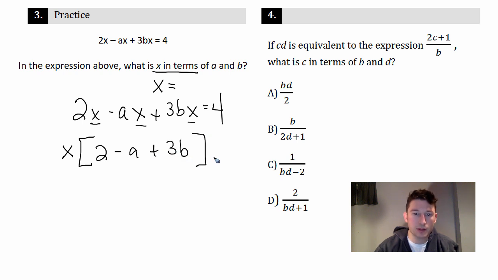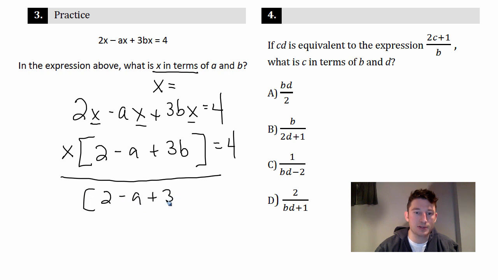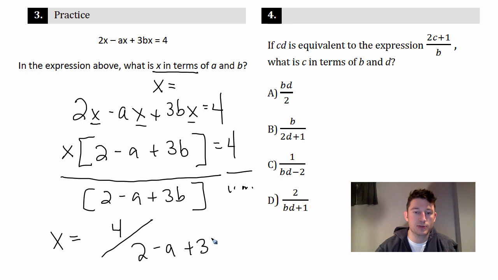And the whole thing equals 4. And now I can just divide out that 2 minus a plus 3b. I'm just writing the same stuff. So x equals 4 divided by 2 minus a plus 3b.